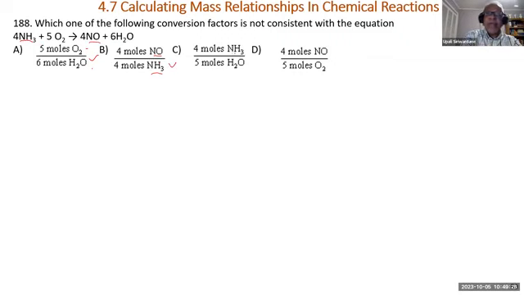Now you look at ammonia and water. Ammonia and water is 4 to 6. This one is correct, but this one is not correct. That's 6. Therefore, this is incorrect. This one is also correct. If you look at NO and O2, NO is 4, O2 is 5. Therefore, the conversion factor that is not consistent is C.